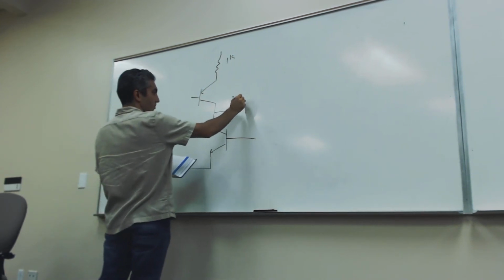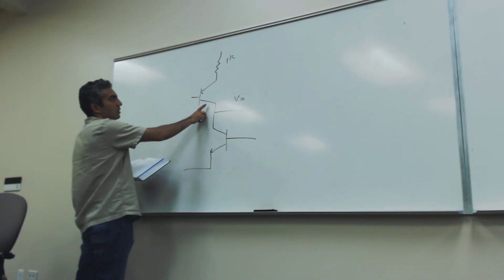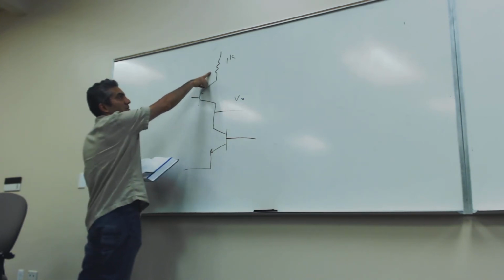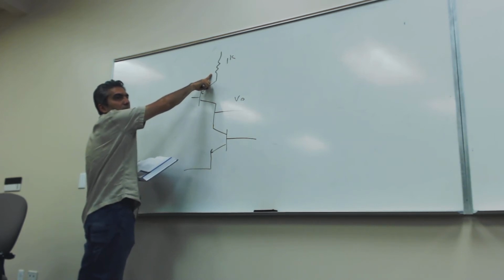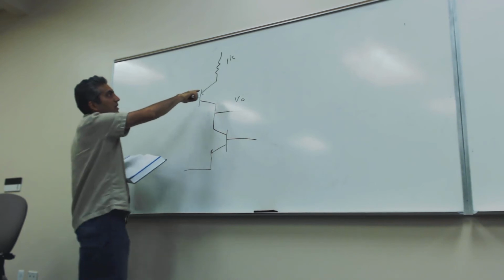So this is your output, and you're looking for the output resistance, right? You're looking into the collector of a BJT where there is a resistor in the emitter. There is a resistance transformation right here.